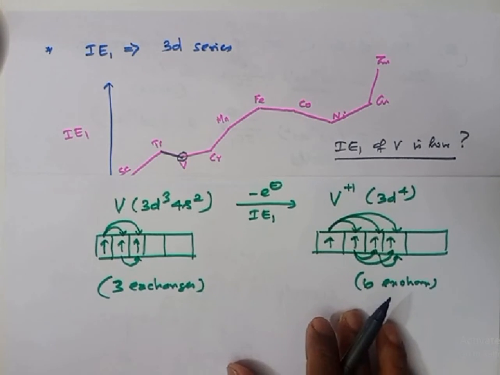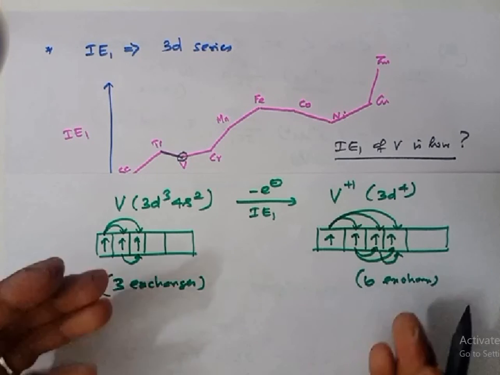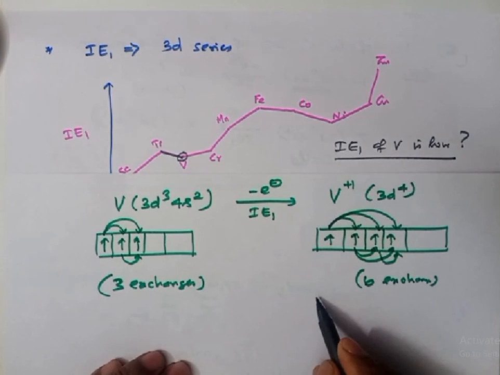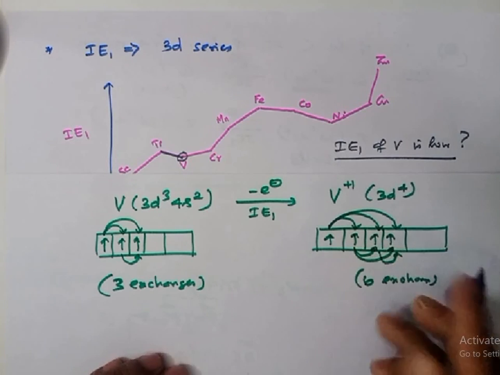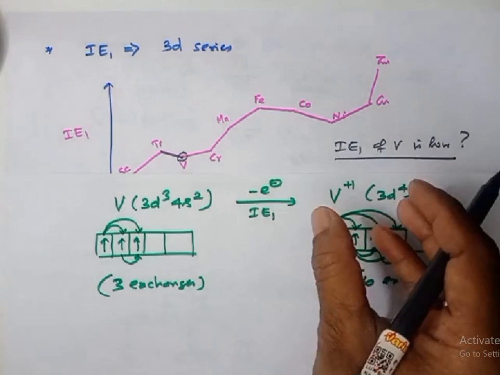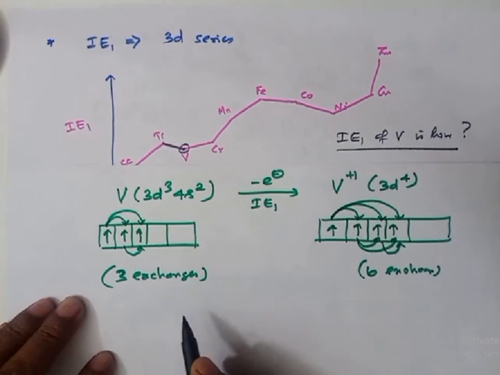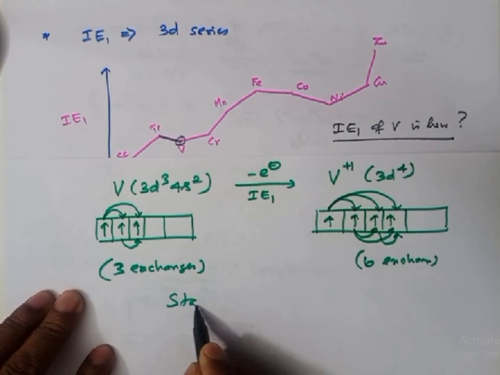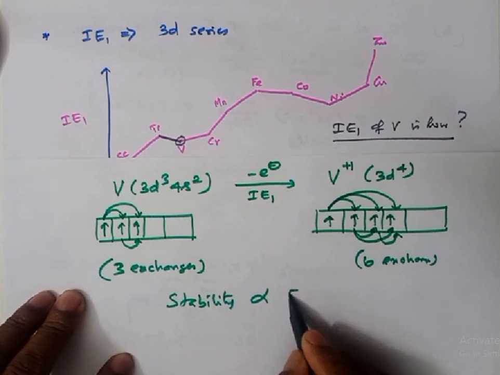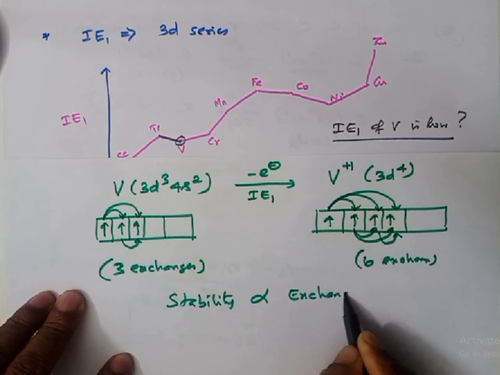Listen, students. The more exchanges possible, the higher the stability. Because of exchange we have exchange energy. Since exchange energy is high, stability is high. Stability is directly proportional to exchange energy.